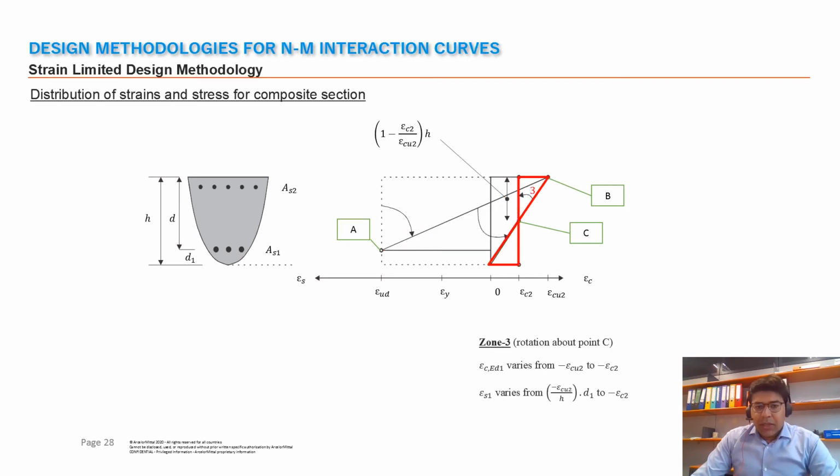And lastly, the rotation is carried out about point C, where the strains are moved between epsilon CU2 and epsilon C2, and the steel strains are varied between minus epsilon C2 and minus epsilon CU2 by H.